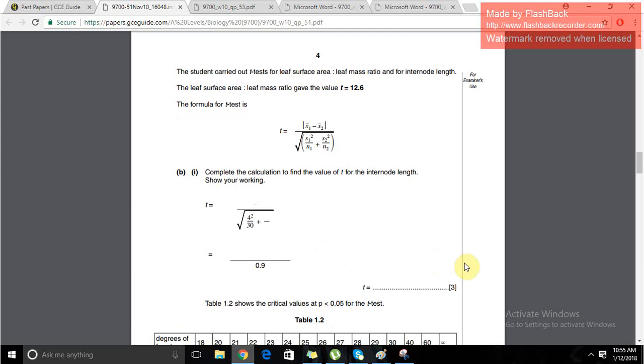The leaf surface area to leaf mass ratio gives the value t equal to 12.6, and the formula for the t-test is given. These formulas are often given, so you don't really need to memorize them, but if you do have them memorized, it's often easier.